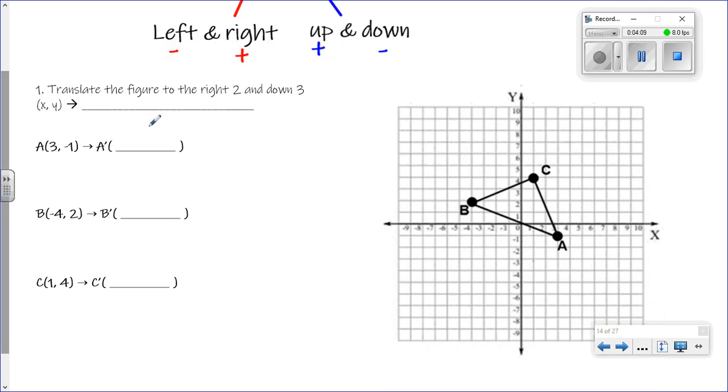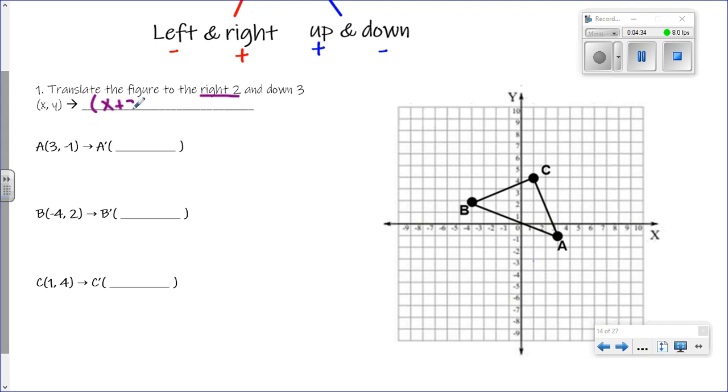So, for example 1, we want to translate the figure to the right 2 and down 3. So we want to write the notation of the rule. We start off with our regular coordinates x, y. And then because we want to move to the right, which is positive to the x value, we're going to do x plus 2.